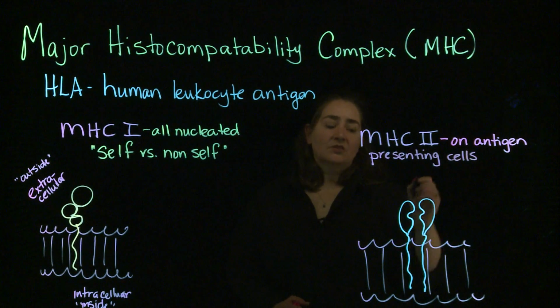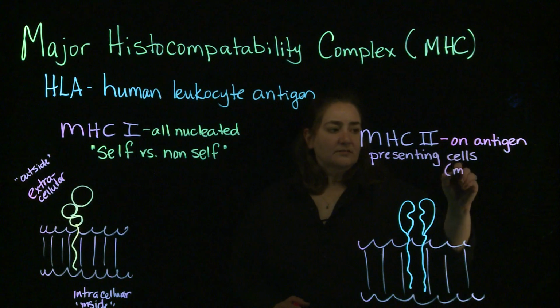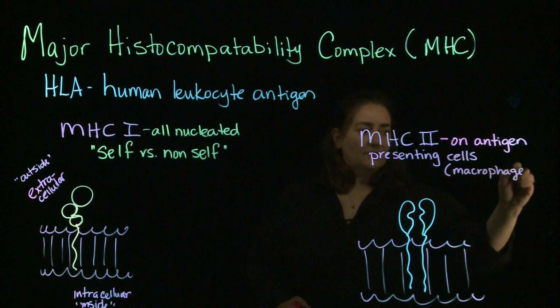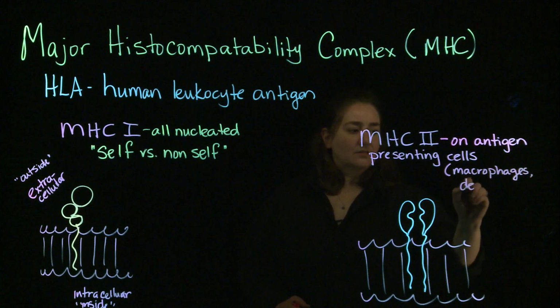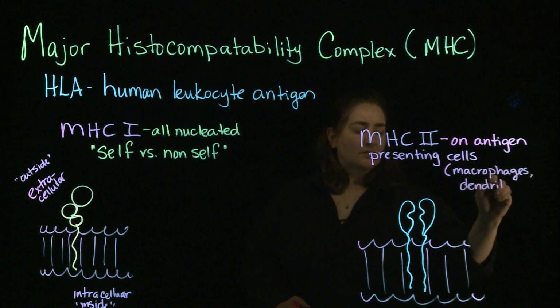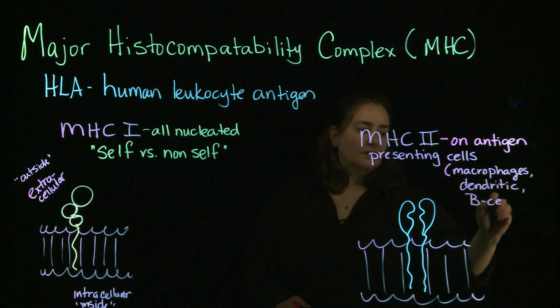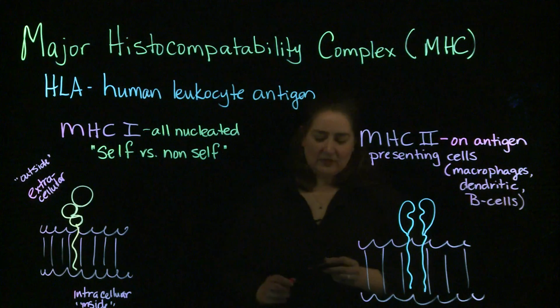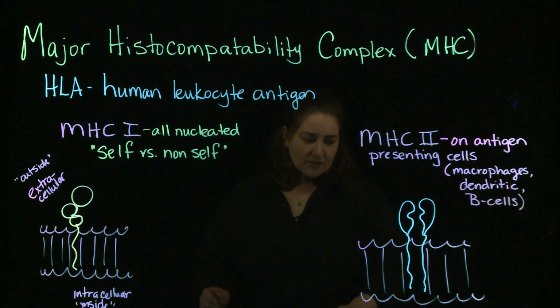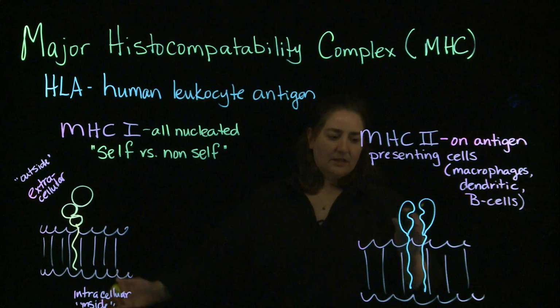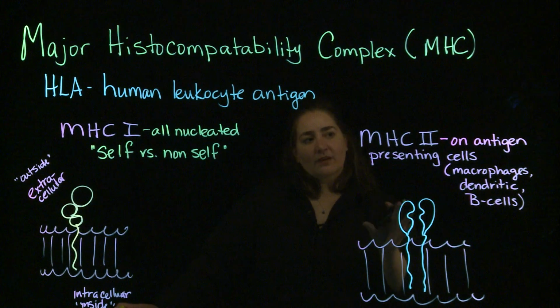And those antigen-presenting cells are going to be our macrophages, our dendritic cells, and our B cells. So if you notice, I kind of drew a little bit of a groove here. What is the function of MHC2?